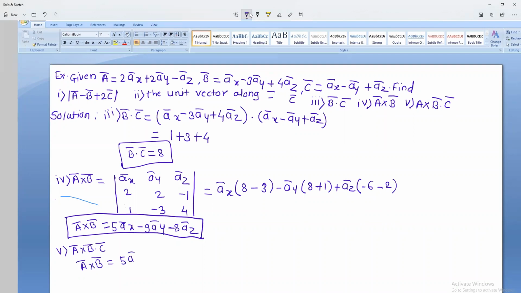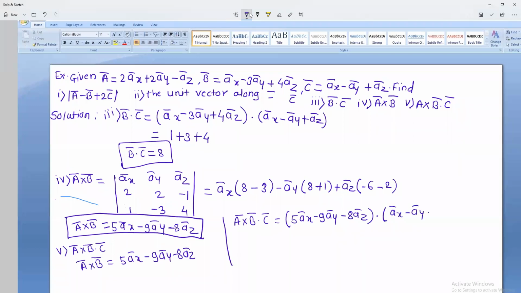It is equal to 5 a bar x minus 9 a bar y minus 8 a bar z, and a bar cross b bar dot c bar is equal to 5 a bar x minus 9 a bar y minus 8 a bar z, dot product with c bar, that is a bar x minus a bar y plus a bar z.